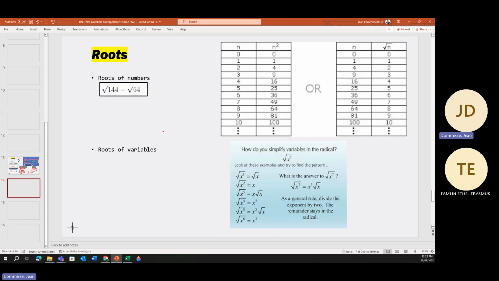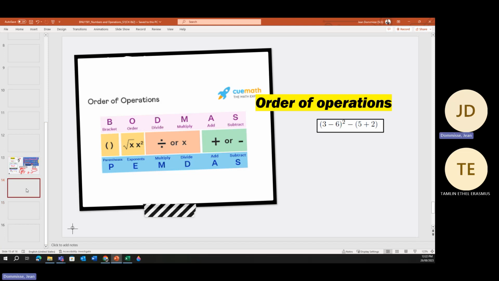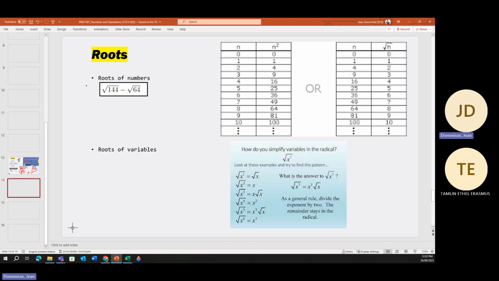Then we sit with roots. I think it's nearly the next one and might be the last one. So roots is basically looking at different types of roots. What you most likely will only look at is the square root, but it might be that in an instance they ask you the cubic root as well.